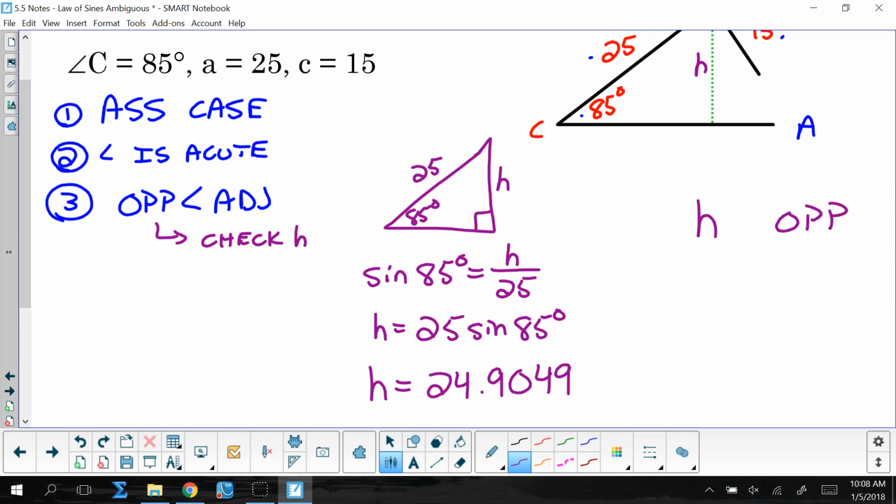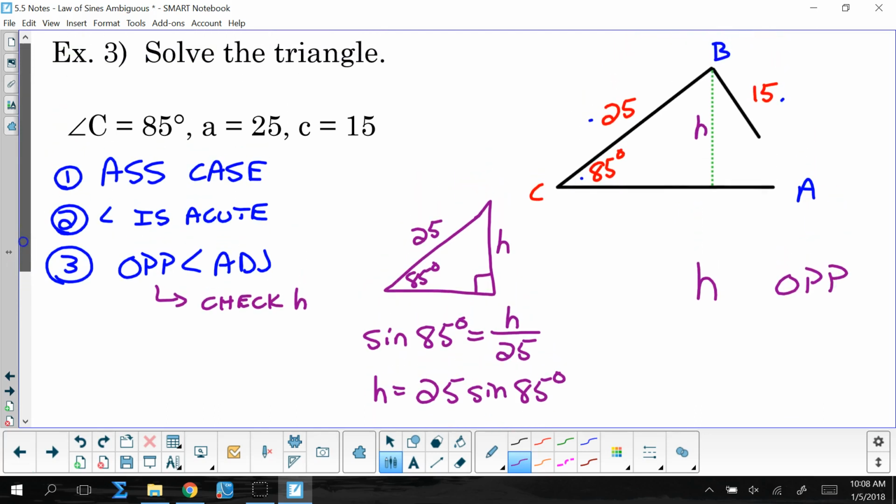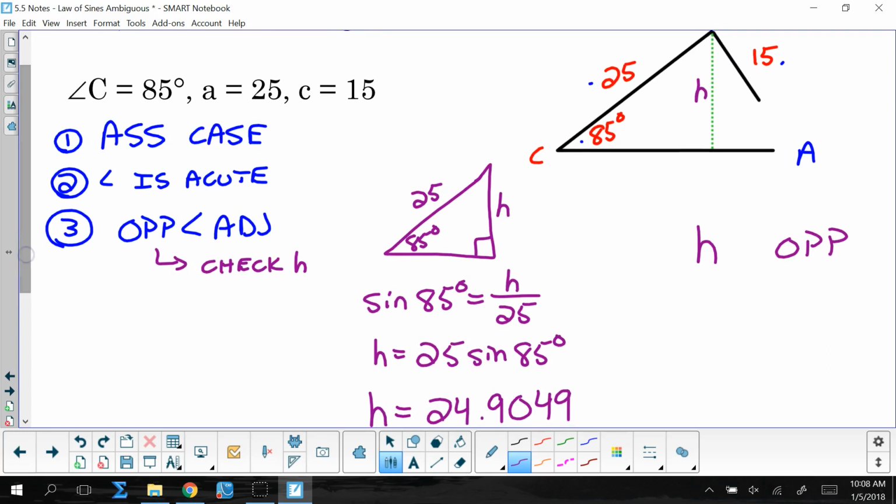Which one is bigger, the height or the opposite side? The height is bigger than the opposite side, because the height is 24.9 and my opposite side was 15.